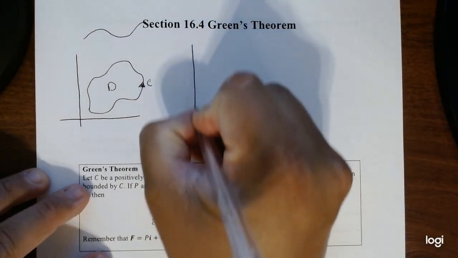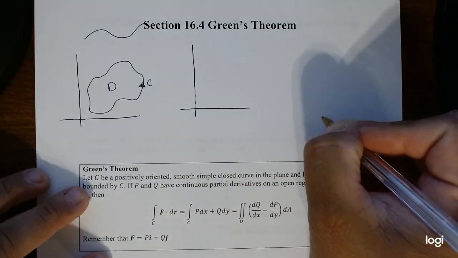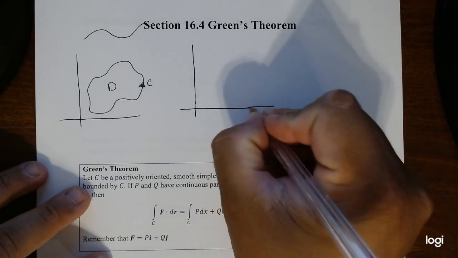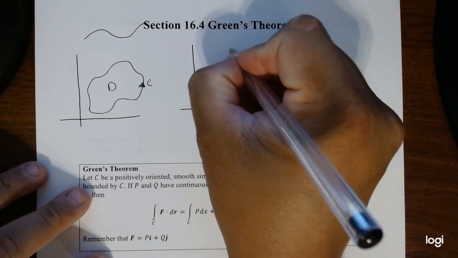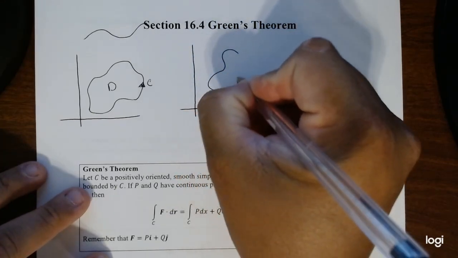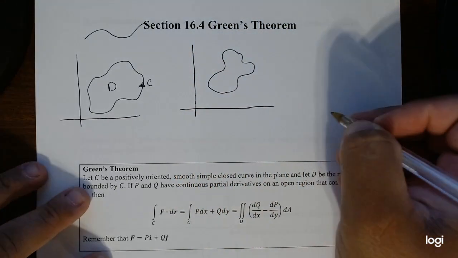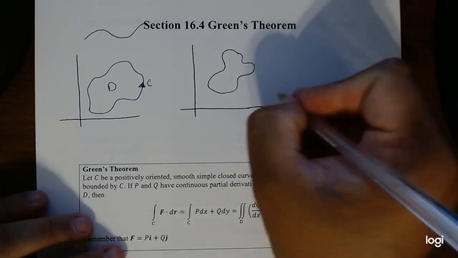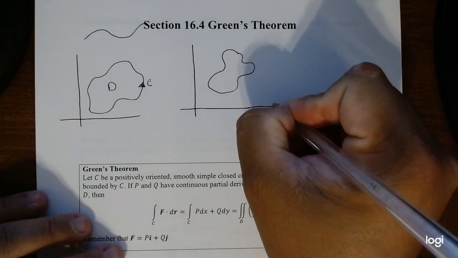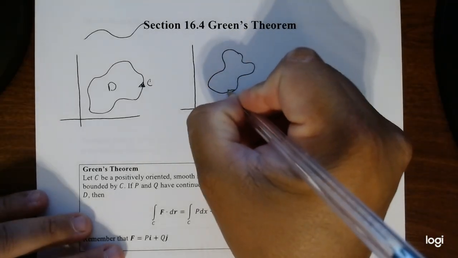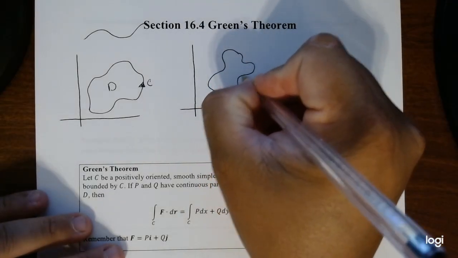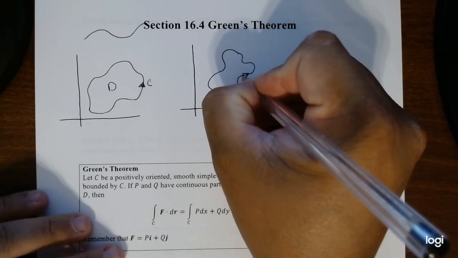Now, before we go any further, there's a couple of things that also apply going forward, and that's something called a positive or a negative orientation. We say something is a positive orientation if the curve is going in this direction as you go around the entire region.